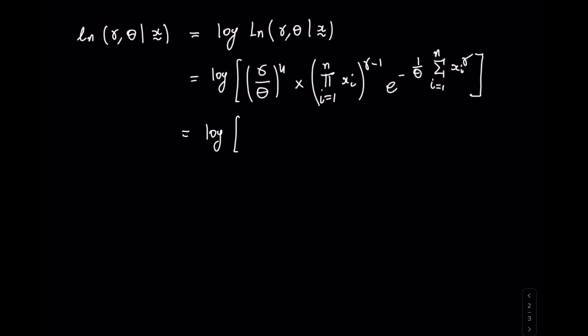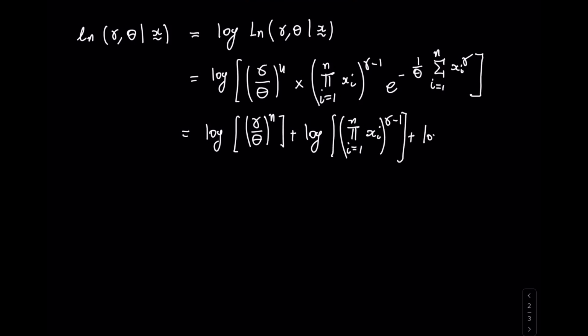So this gives us log of the first term, gamma on theta to the power of n, plus log of the second term, the product of i equals 1 to n of xi all to the power of gamma minus 1, plus, and finally, log of e to the negative 1 on theta, sum of i equals 1 to n of xi to the gamma, close bracket.